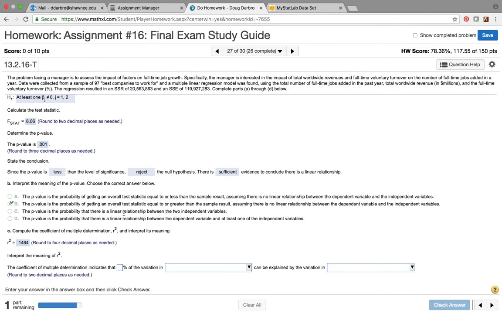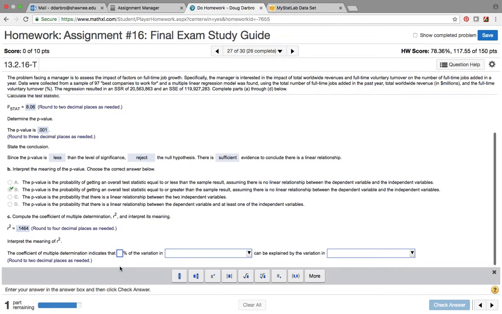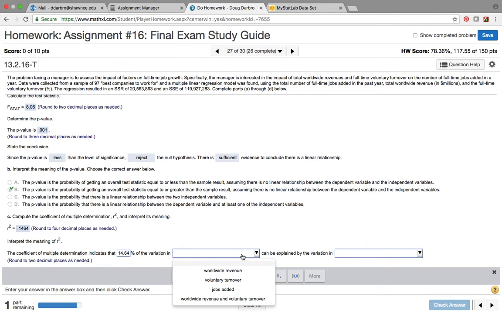So interpret r squared. The coefficient of multiple determination tells us that 14.64% of the variation in our y, which is what we're trying to predict here, is explained by the regression model.